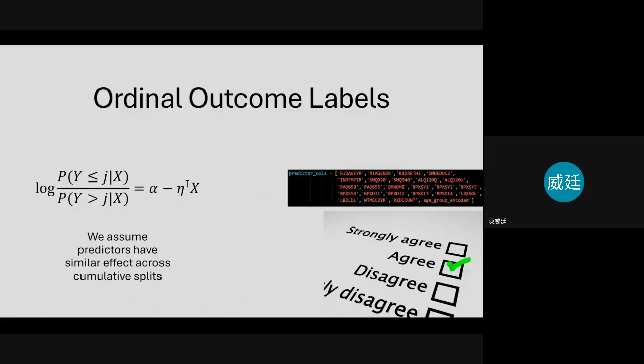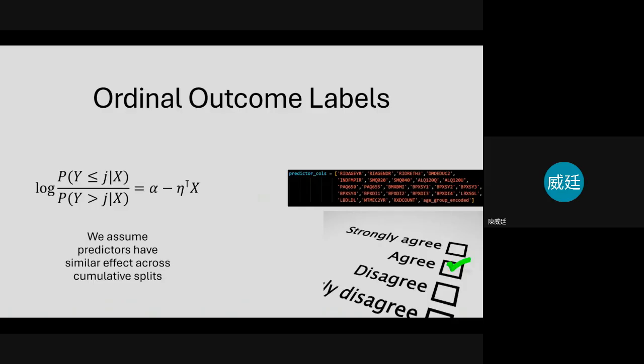We can take advantage of that by, instead of predicting whether this value is equal to strongly disagree, saying, is this value strongly disagree or below, or strongly agree. And that's what this model tries to do.